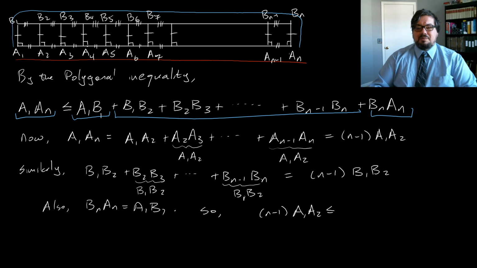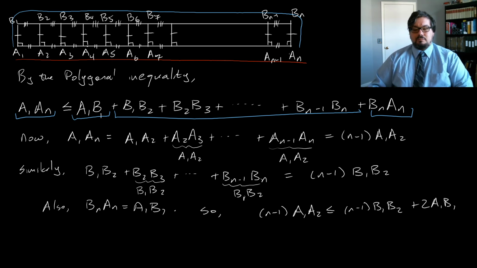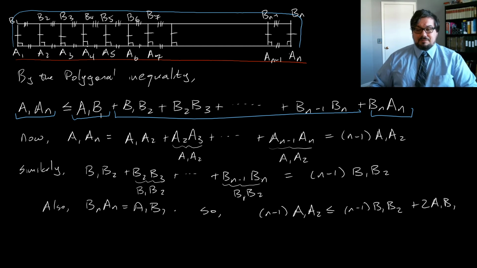Now all the B distances together are n minus 1 times B1B2, and then A1B1 plus BnAn is just twice A1B1. So we have this relationship here, which is now a relationship just between the distances that are in the first Saccheri quadrilateral we considered.